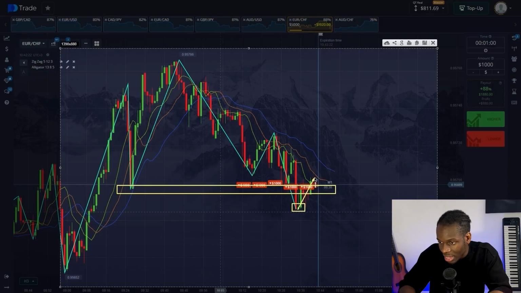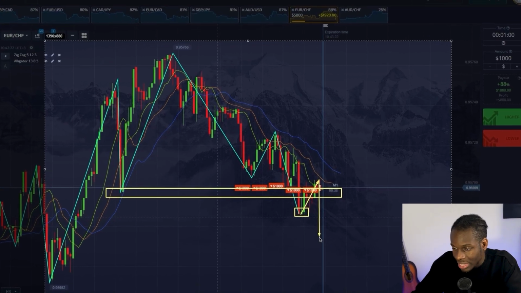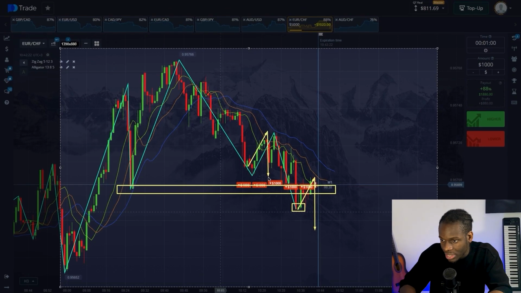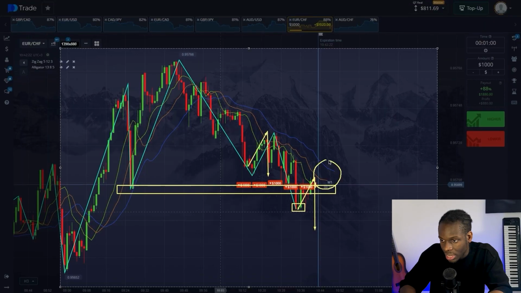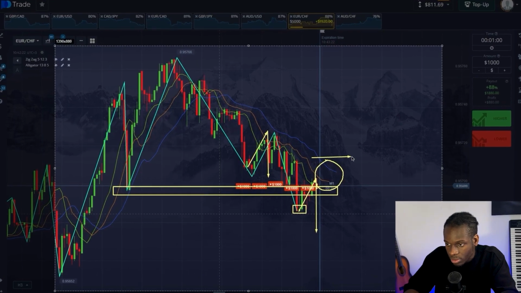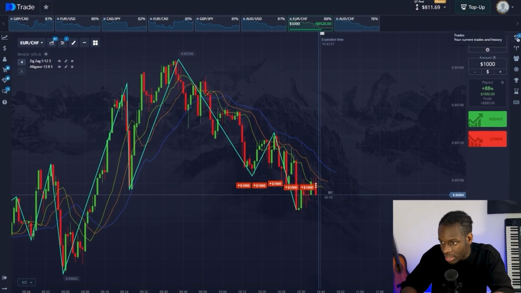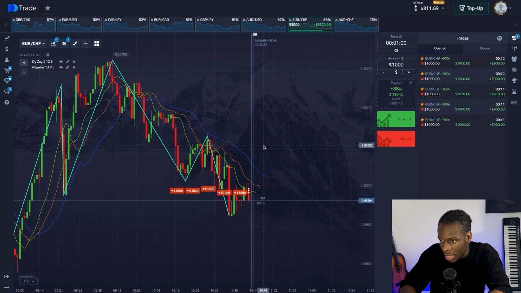It entered the level, and now we can expect it to go further down because we're in a downtrend. If you follow the zigzag, you can see it just keeps on making lower lows, lower highs, lower lows. It made a lower high, and now we're expecting a lower low. Also, looking at the alligator lines, they are far apart and facing down, which is also a strong bearish sign. But let's see how it goes.